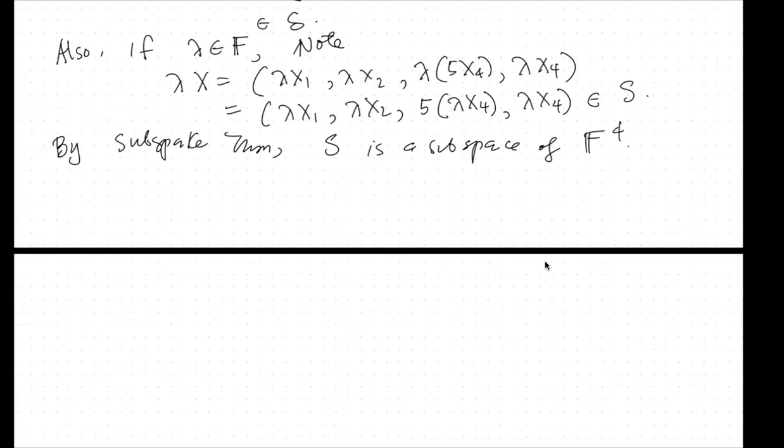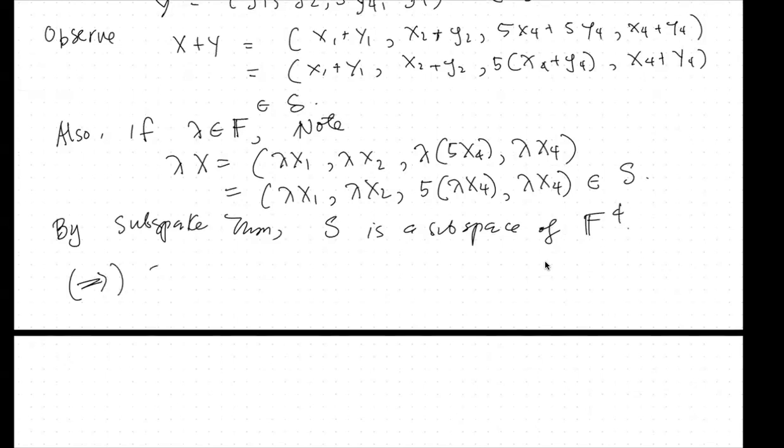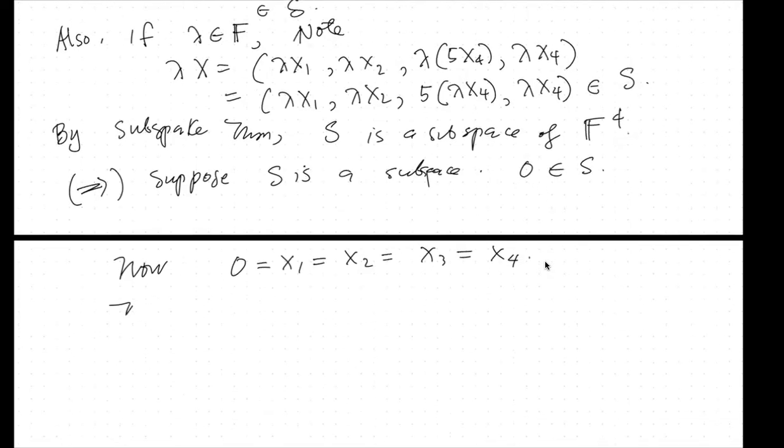So now the second part of the proof is this way. Suppose that S is a subspace. This part is easy. So then 0 is an element of S. Now we have 0 is equal to x1, x2, x3, x4. Thus x3, which is equal to 5x4 plus b.